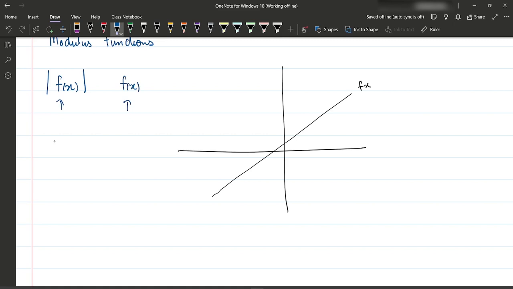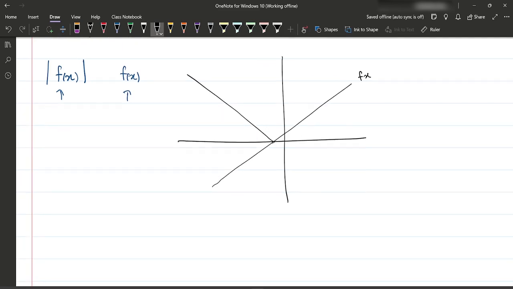The modulus f of x graph will simply go y, because all the outputs are positive now, so this line will simply flip. And if you notice, there's going to be a line of symmetry here, so this line just flips all the way to this line.